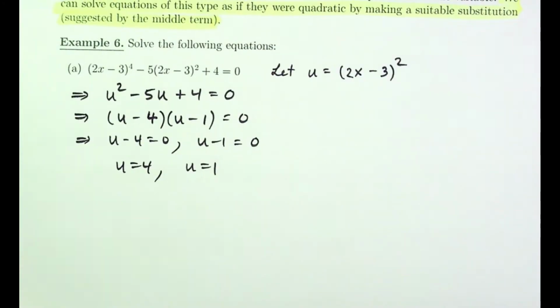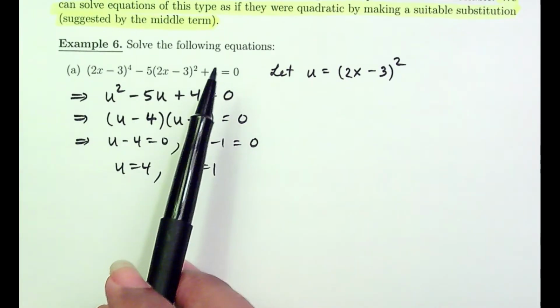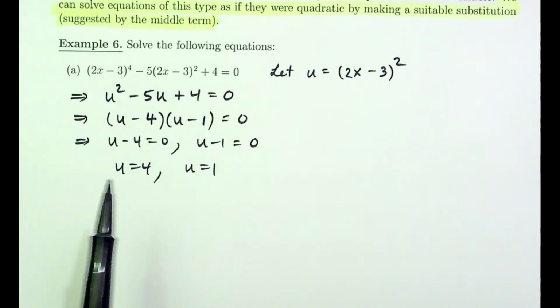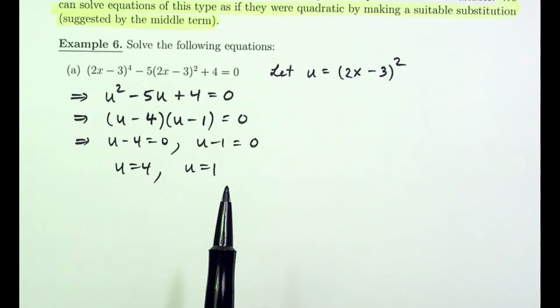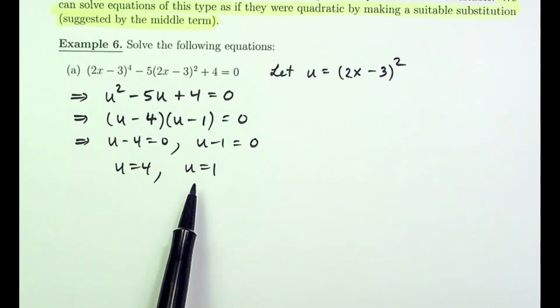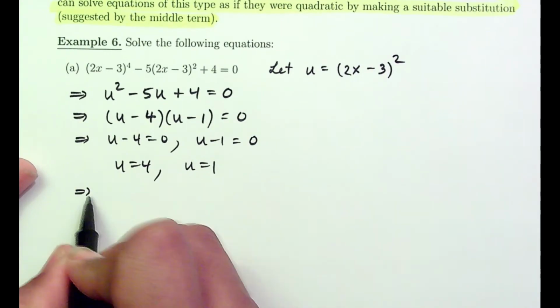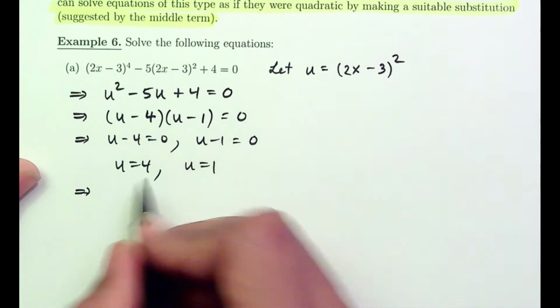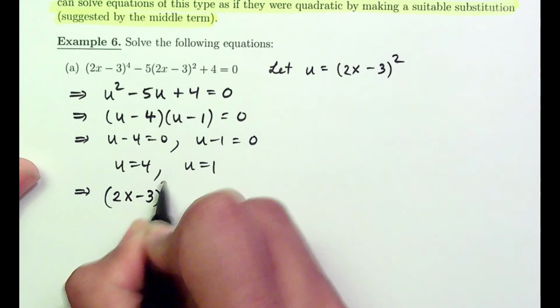So we solved this quadratic equation, which is not the same as that one. Well, it is the same, but we're not trying to find u, we're trying to find x. So that means we're not really done because we have not found x. Okay, so now that we know what u is supposed to be, we can take it. That's u, but u in terms of x is this thing. So that means 2x minus 3 squared equals 4.